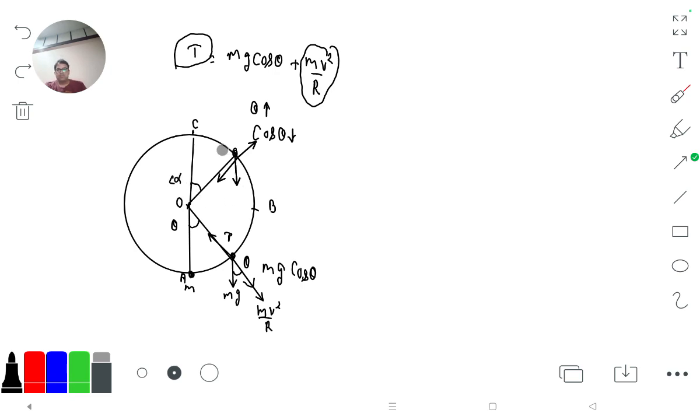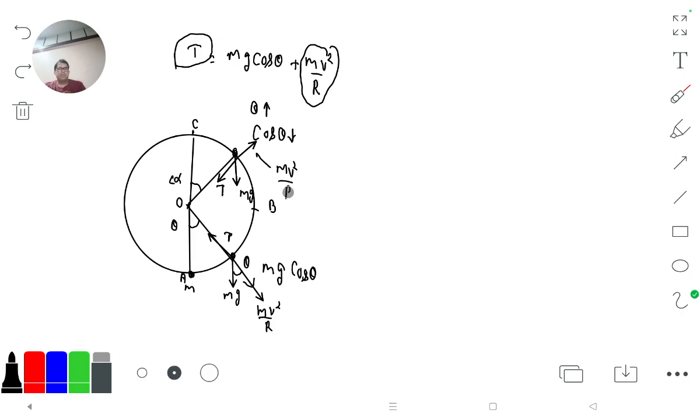So these three forces will act on the particle: this is the weight mg, this is the tension in the string which is acting towards the center, and this is the centrifugal force mv square upon r, which is acting away from the center.